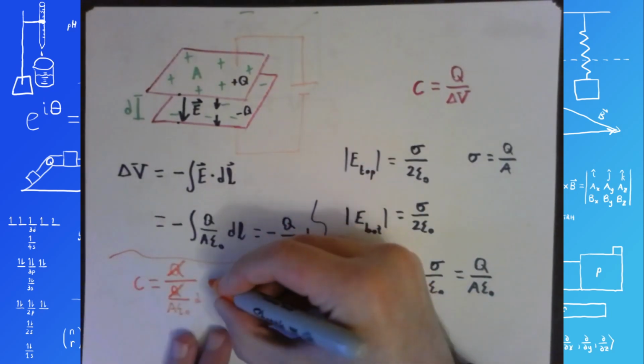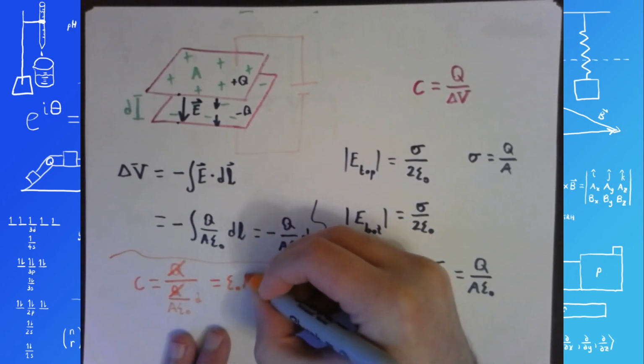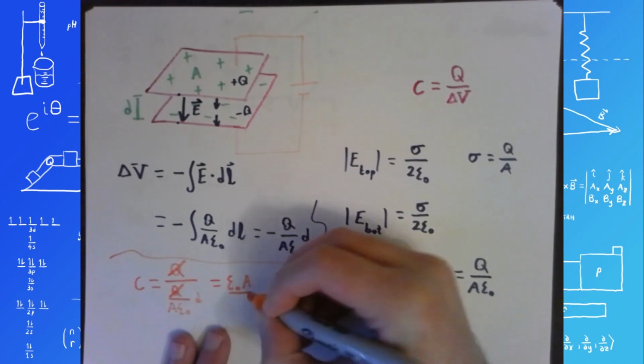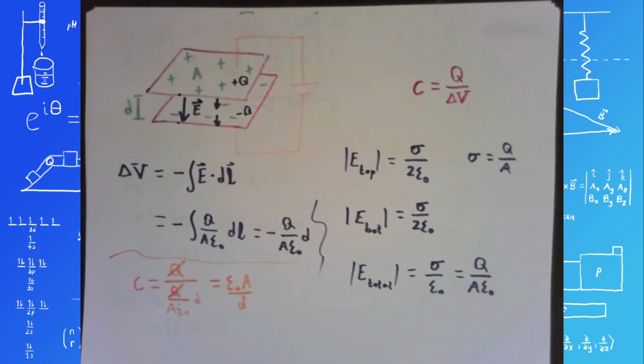And that leaves us with epsilon naught times A over D, if you simplify that complex fraction.